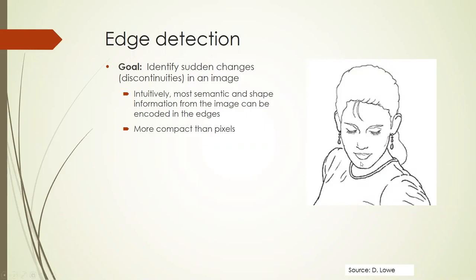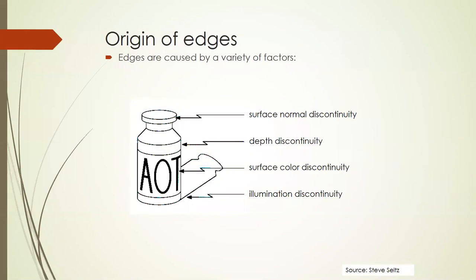Basically, edges are kind of sudden changes that happen in an image, okay? Certain discontinuities. Okay, so sudden discontinuities, let me explain what that means. Basically, edges are caused by a variety of factors. There could be normal discontinuity, depth discontinuity, surface color discontinuity and illumination discontinuity, okay?